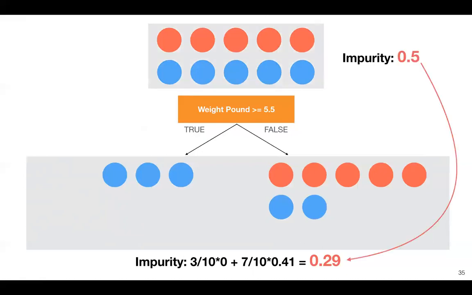When we started, the impurity originally was 0.5. And now after asking this question of whether weight pound is greater than 5.5 or not, the Gini impurity decreased by about 0.21. Okay, so this question helps to decrease it.